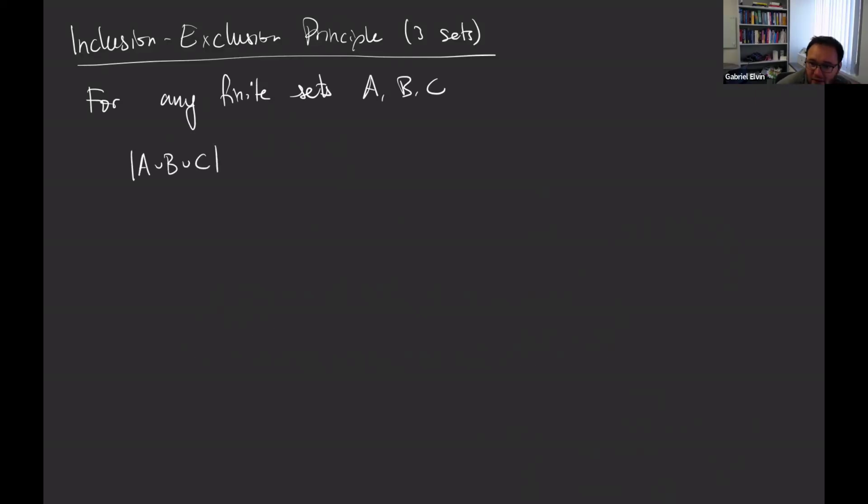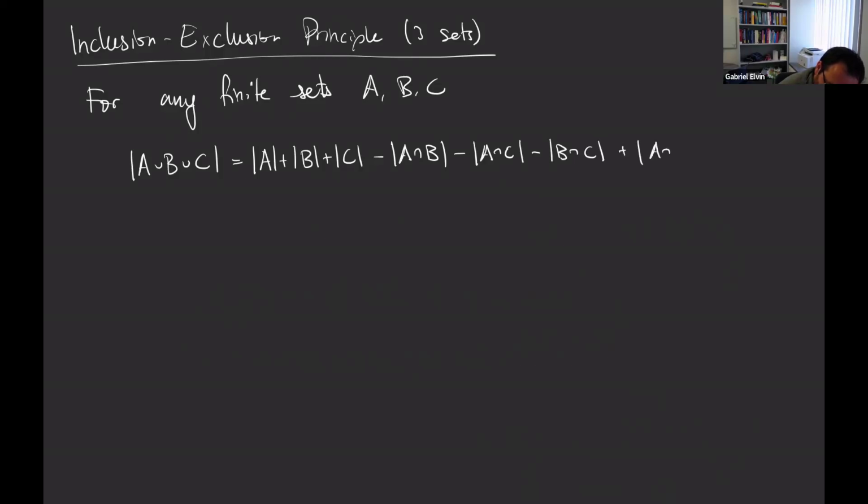The number of things that are in any one of them is equal to the number of things in each of them, minus the number of things in any two of them, plus the number of things in all three of them. Okay, and that's the inclusion-exclusion principle.